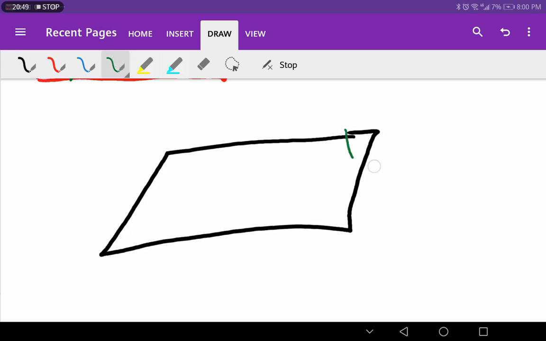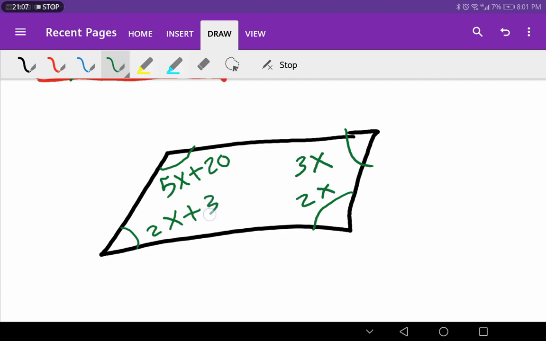So here we have 3x, for example. Here we have 2x. Here we have 5x plus 20. And here we have 2x plus 30 or 40.